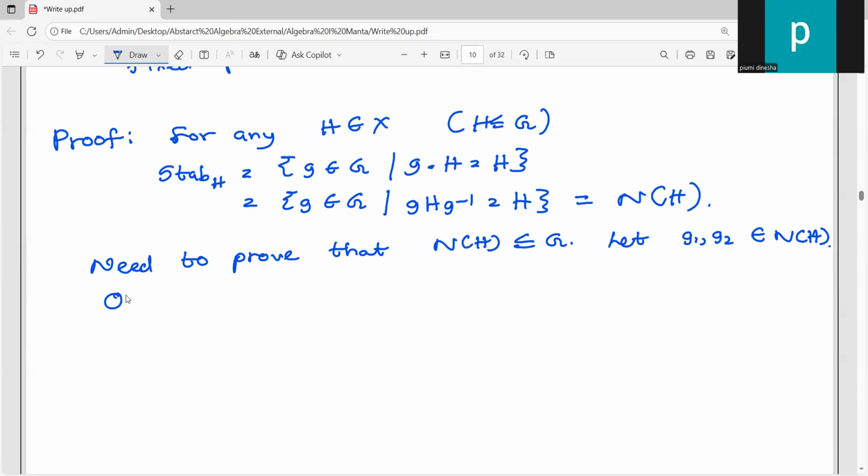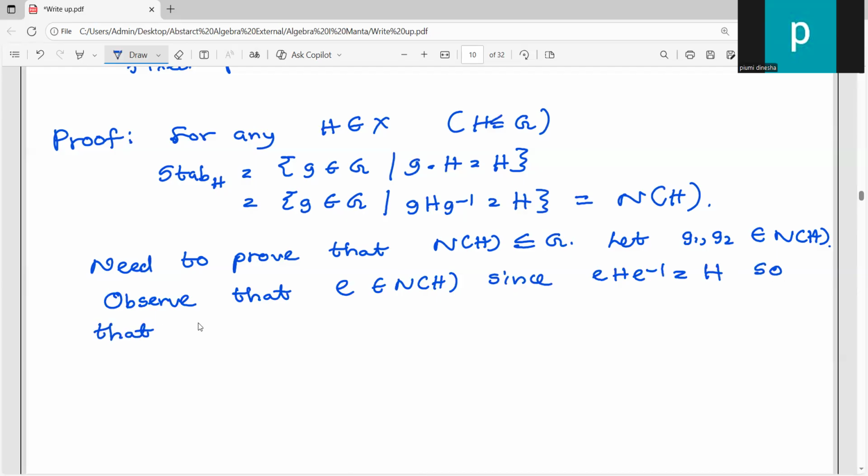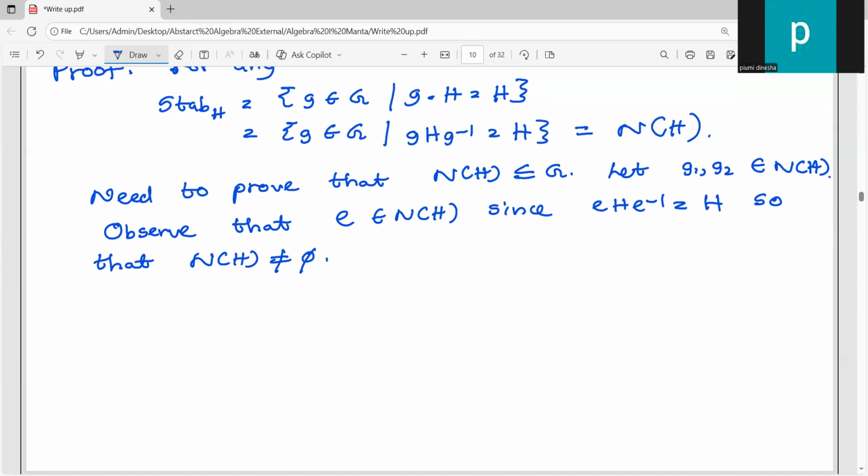Observe that the identity is in the normalizer of H, since E H E inverse is equal to H. Why is that? The identity is an element in H, so when you take the identity, H, the inverse of it gets absorbed into H. This is equal to H. So the normalizer is not empty.